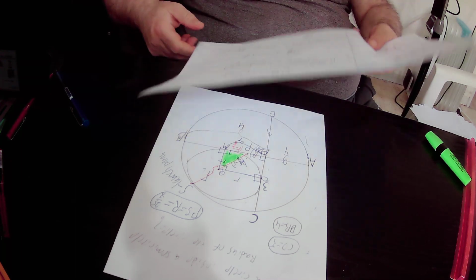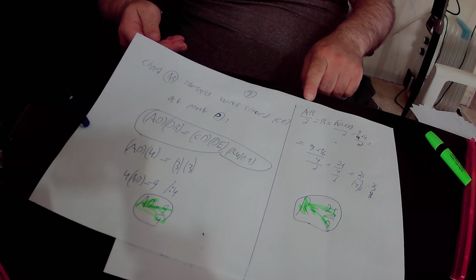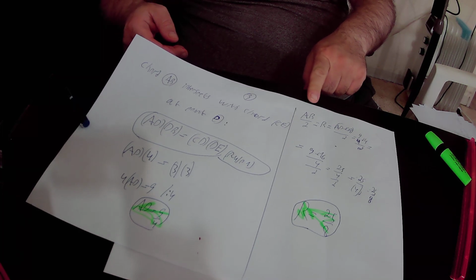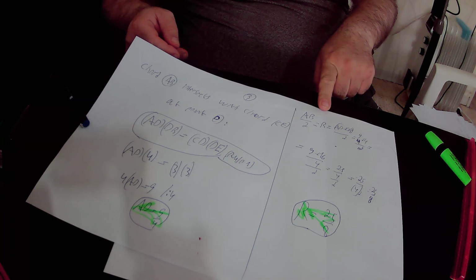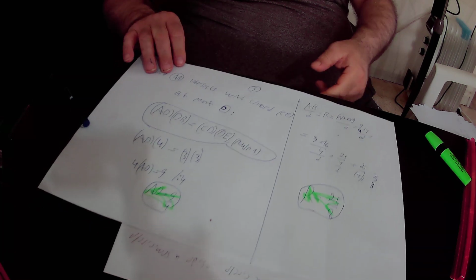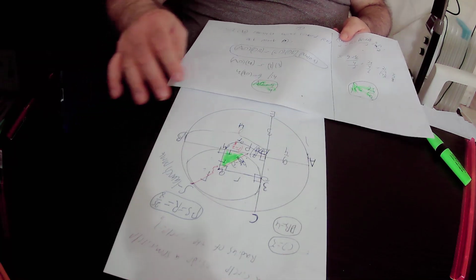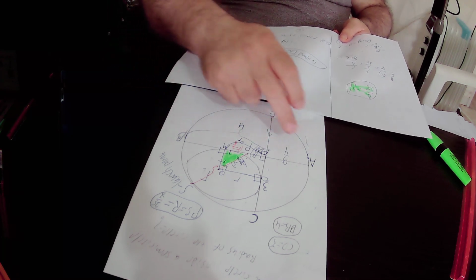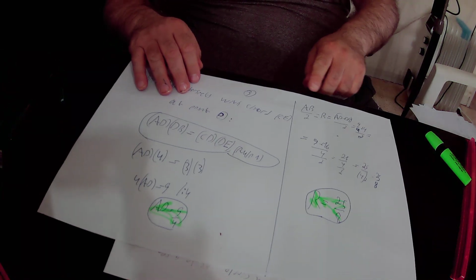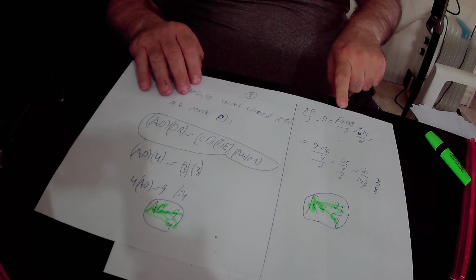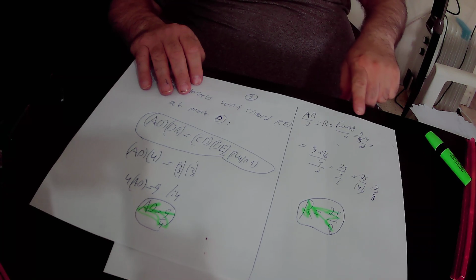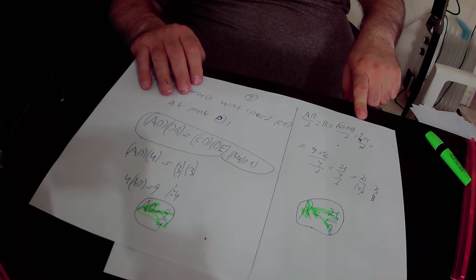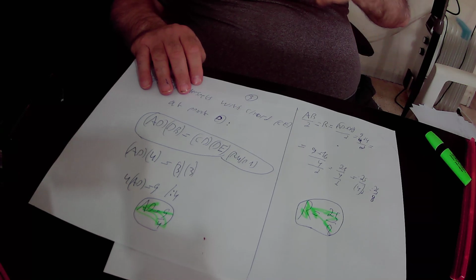So if we divide the diameter AB of the big circle by 2, we'll get the radius of the big circle, which is defined as capital R. According to the drawing, AB equals AD plus DB. So we substituted AB by AD plus DB, and we divide it by 2 in order to get the radius of the big circle. AD equals 9 quarters, BD equals 4, all divided by 2.